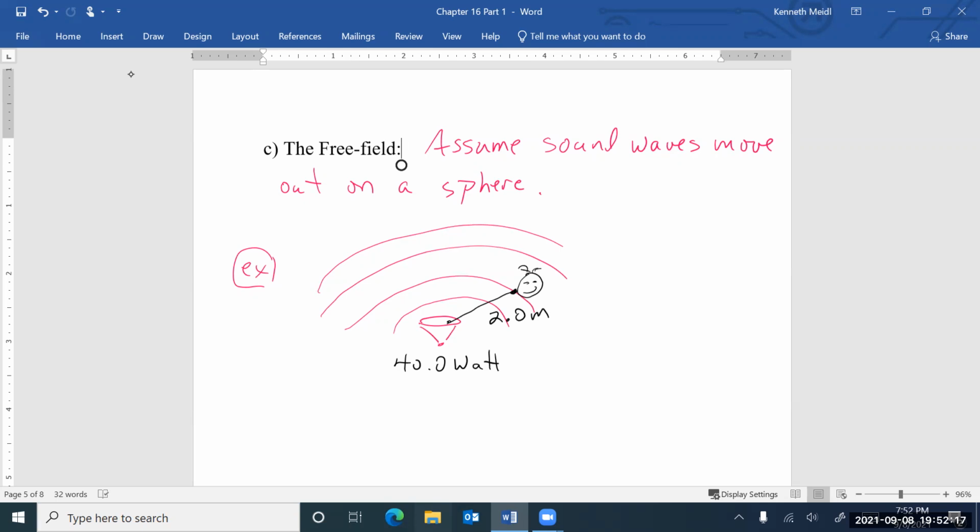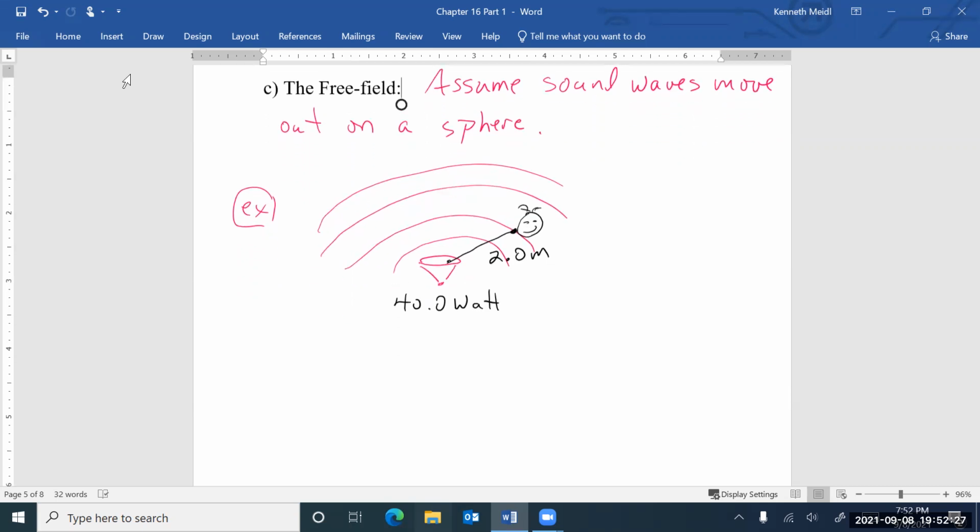Your ear is 2 meters from this speaker that's producing 40 watts of power in the wave. So how do we handle something like this?